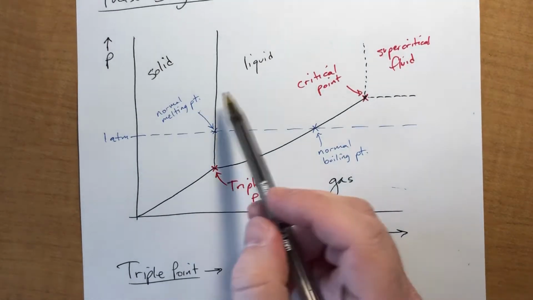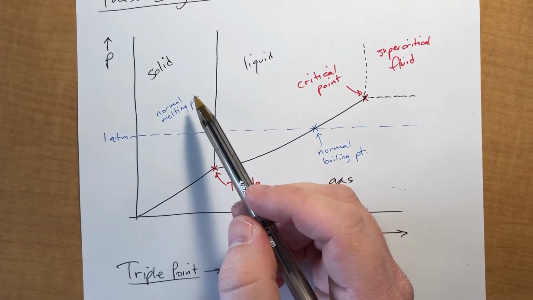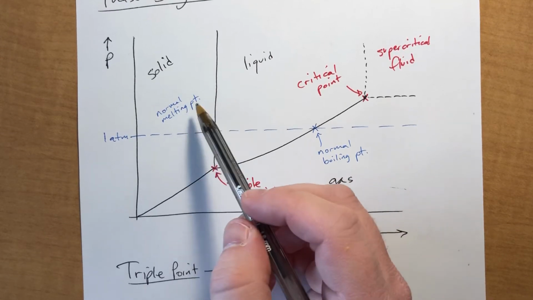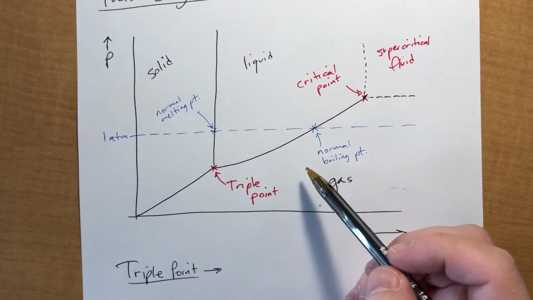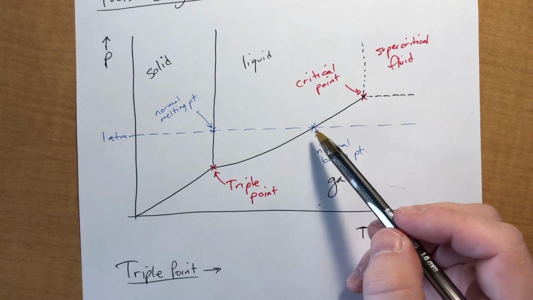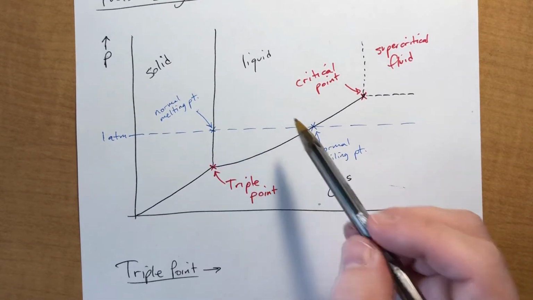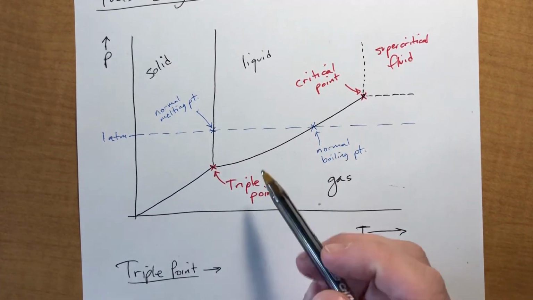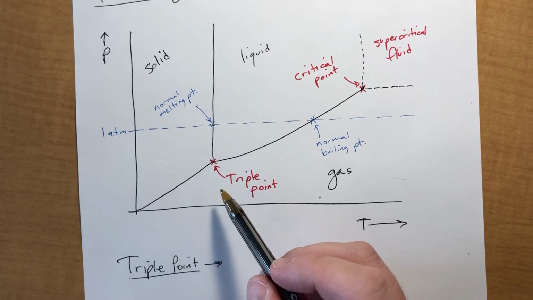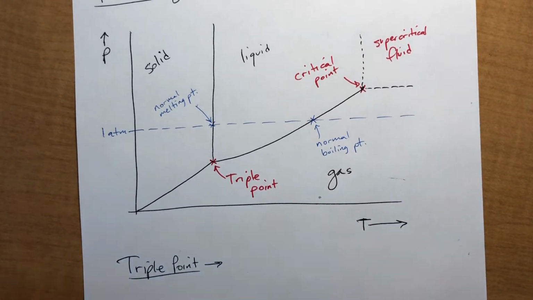It's not difficult to have a solid and a liquid together. Think ice water. It's also not difficult to have liquid and gas together. Think boiling water. It's difficult to have ice and water and steam all happening at the same time. It is technically possible for any compound to have something called a triple point.